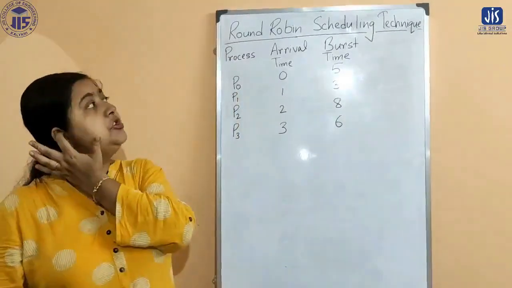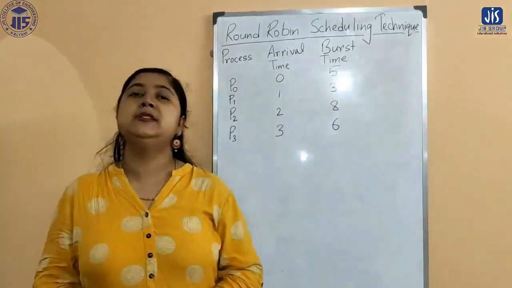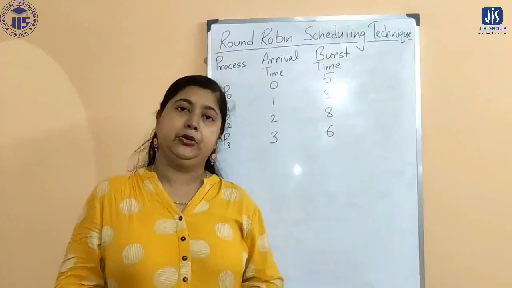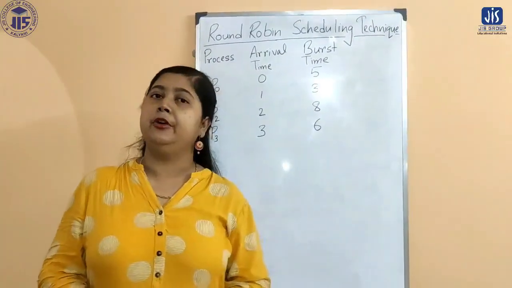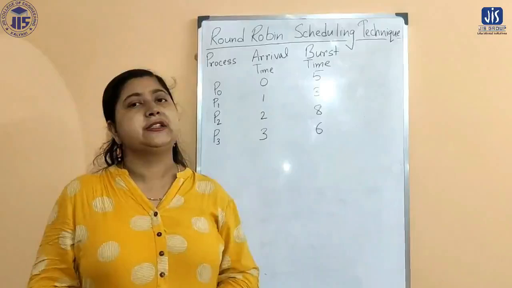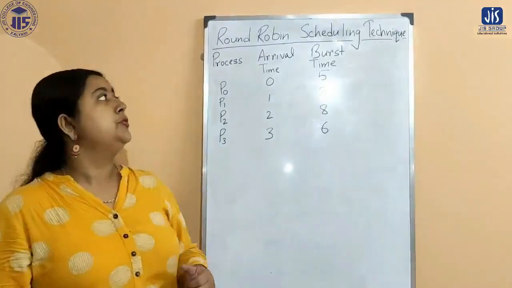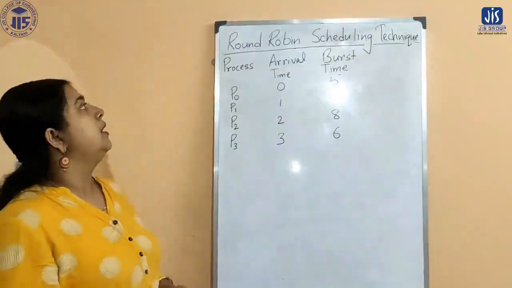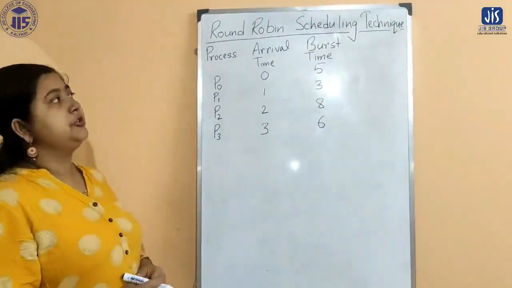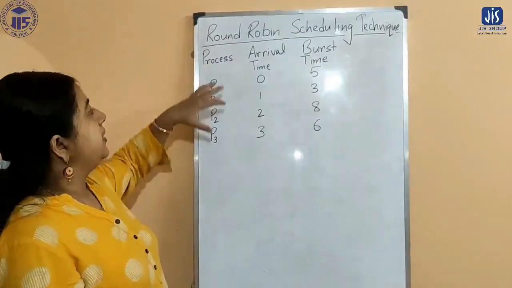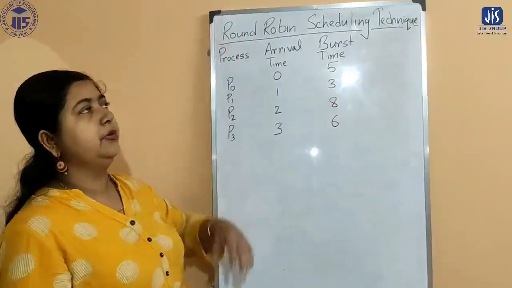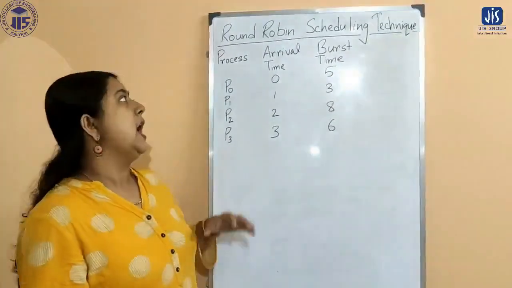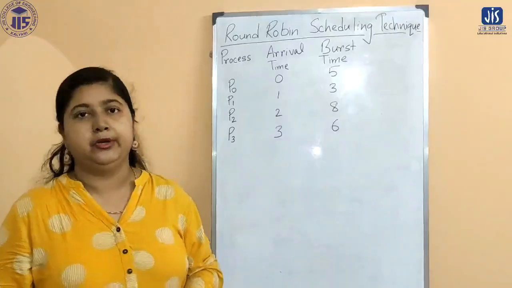So the round robin scheduling algorithm is an efficient algorithm designed for a multitasking environment. Today we are going to discuss this technique. With this example we are first going to discuss how this algorithm works.